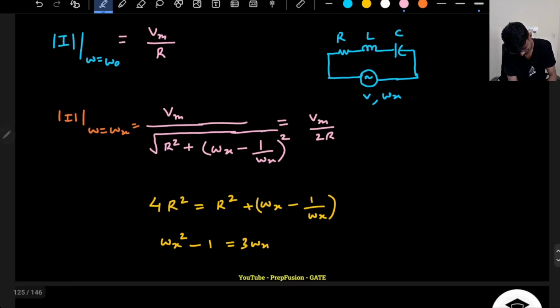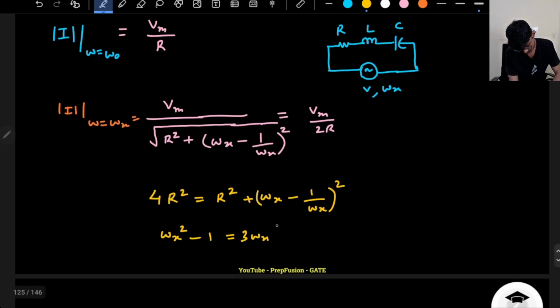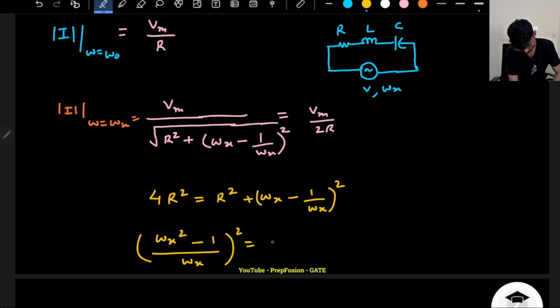This is squared, so this will be under root 3 actually. I should have written omega x minus 1 by omega x, whole squared, equals 3. I was making a mistake because I knew the answer and was not getting it correctly. So you just be careful with all these mistakes.